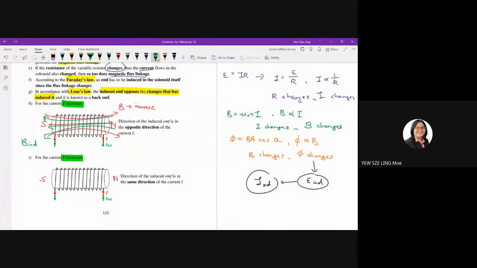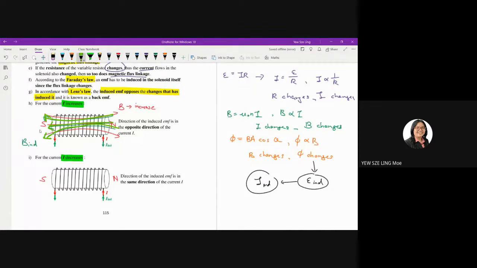Meaning that by looking at the green color line right here, I'm going to use the highlighter to make it a little bit more obvious for you. So this is my green color field line. So the green color magnetic field line is now coming from the right hand side and leaving the left hand side.